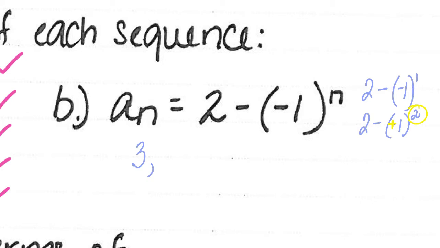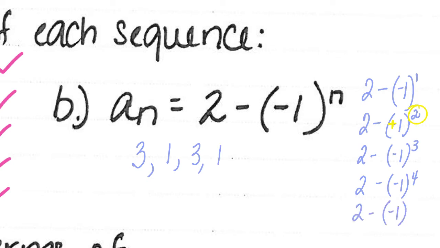So 2 minus 1 is just going to be 1. But look what happens when I put in that 3: we're going to have that odd power again, so it's going to go back to 3. What do you suppose is going to happen when I put in a 4? Good. And a 5 is going to go back to 3.